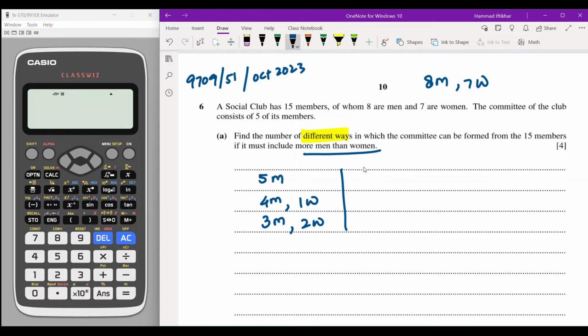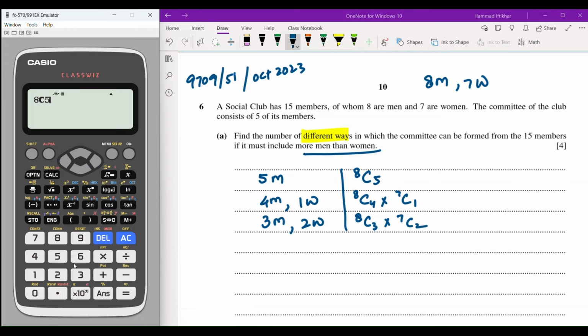So let's figure out their combinations. For 5 men, since I just have 8 men, 8C5. For 4 men, 1 woman, 8C4 times 7C1. And 8C3 times 7C2. Right, so let's just simply calculate that.